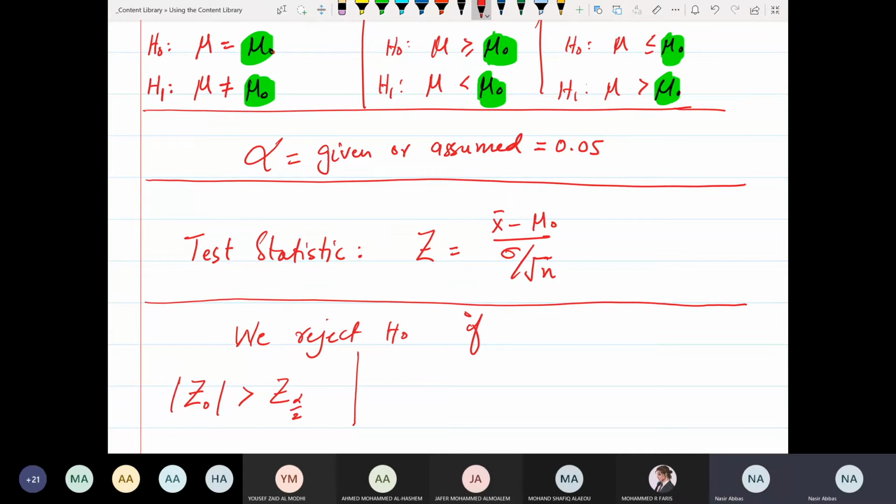If your alternative hypothesis is less than, you will reject H0 if your Z0 is less than minus Z alpha. I'll talk about how to get this value from the table. And if your H1 is greater than, your rejection region will also be greater than.